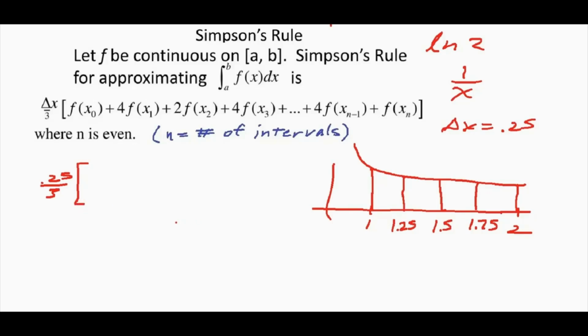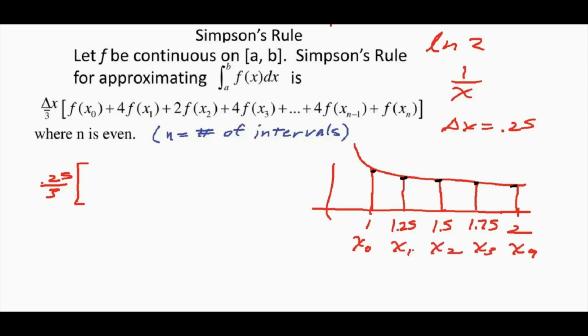And then all we're going to do is figure out the y value of the points. We could call these x0, x1, x2, x3, x4.